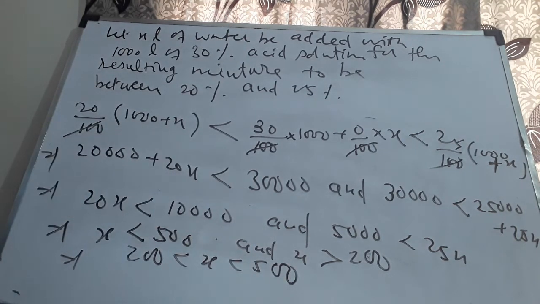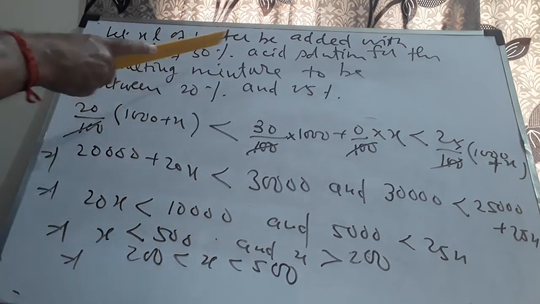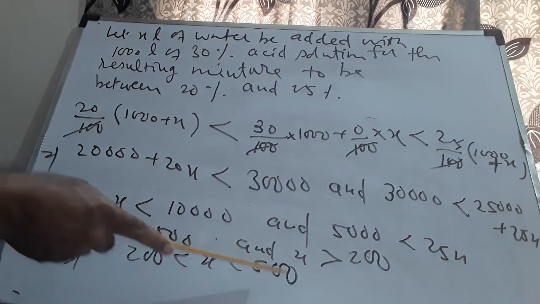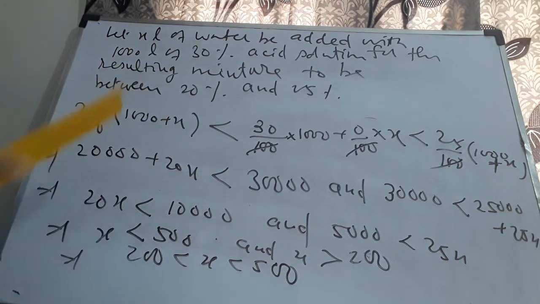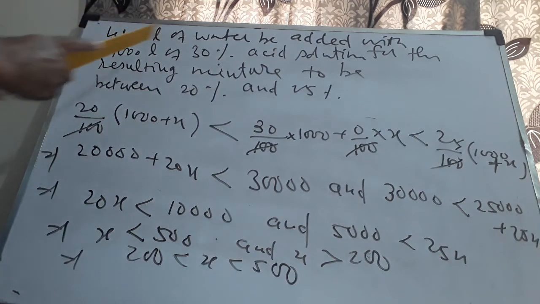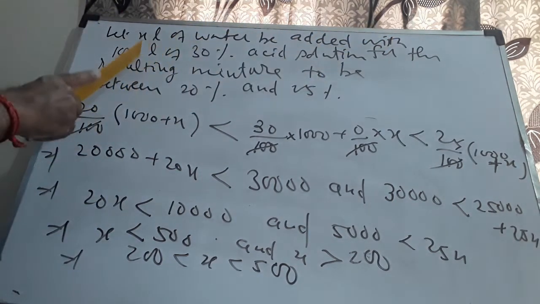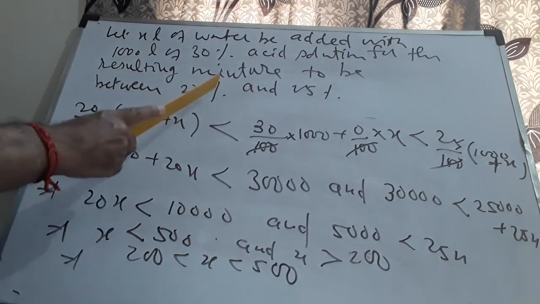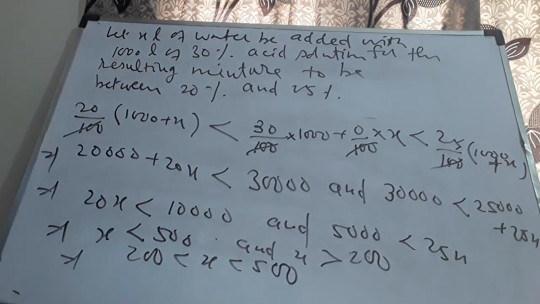I'll just dictate: the amount of water to be added with 1000 liters of 30% solution should be between 200 liters and 500 liters for the resulting mixture to be between 20% and 25%.